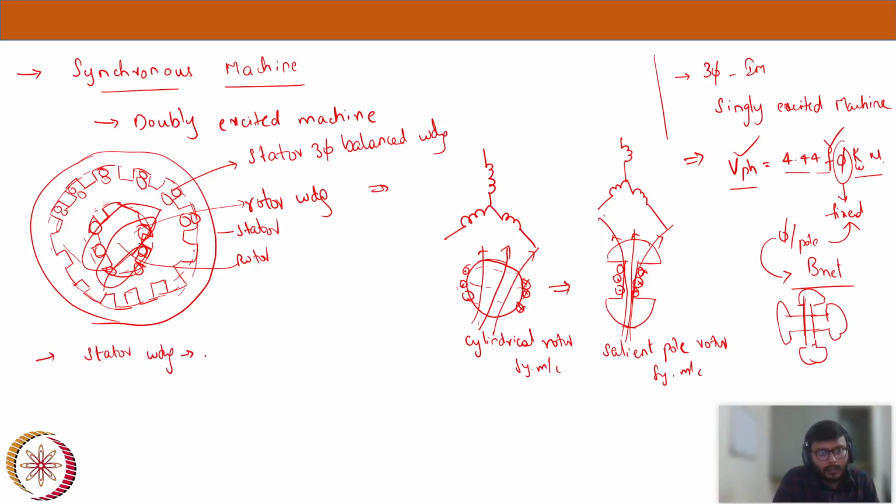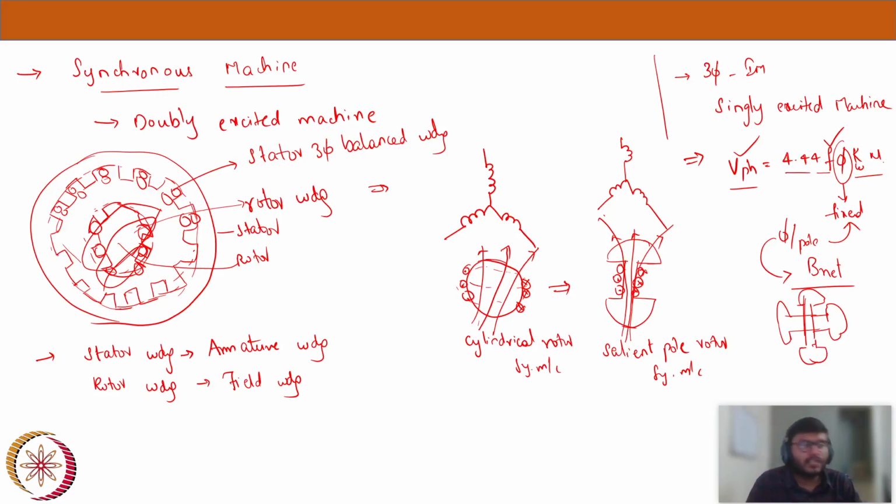Stator winding, we call it the armature winding. Rotor winding, we call it the field winding.